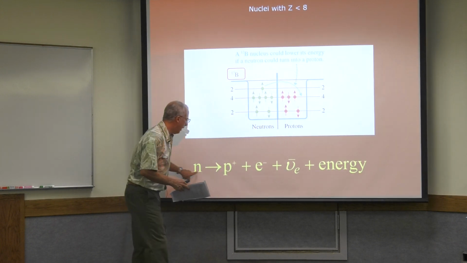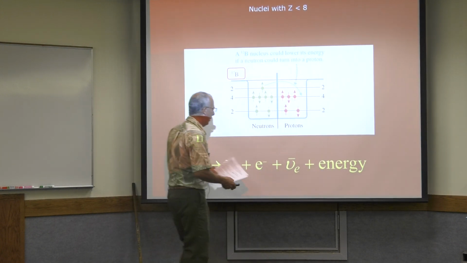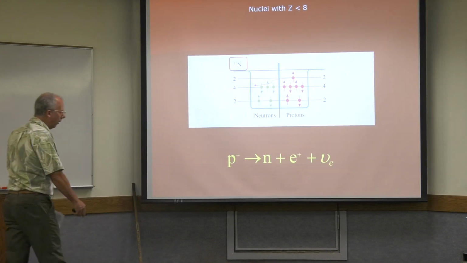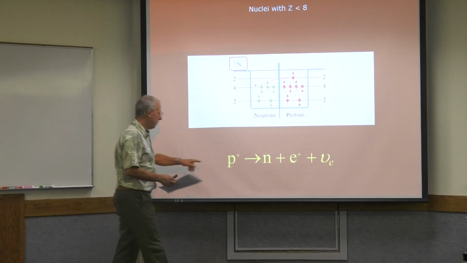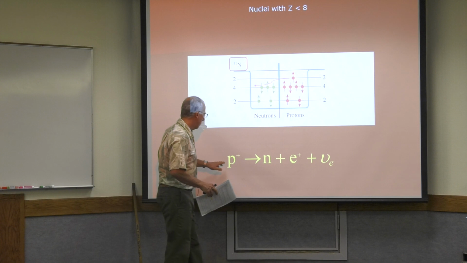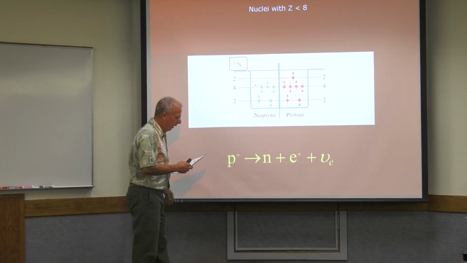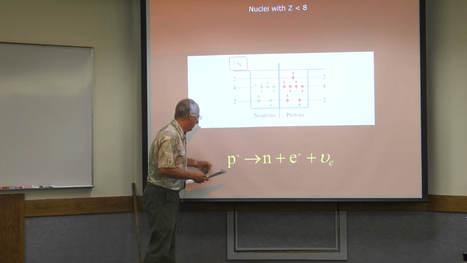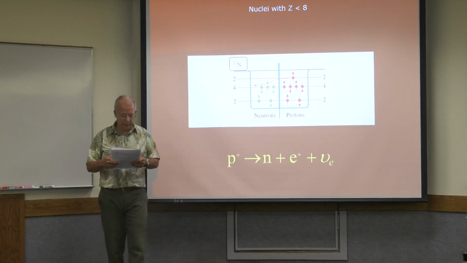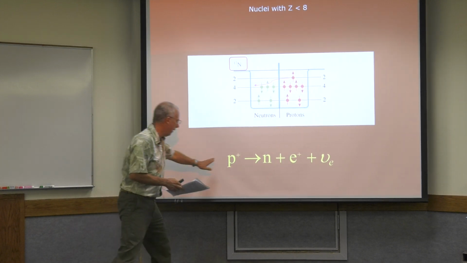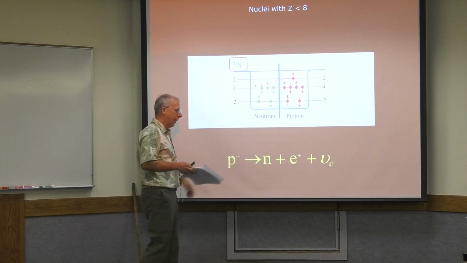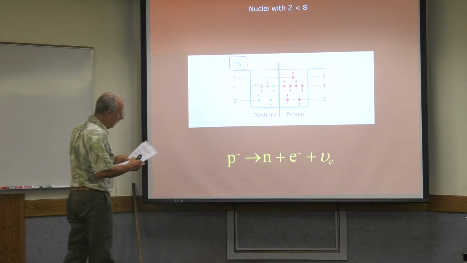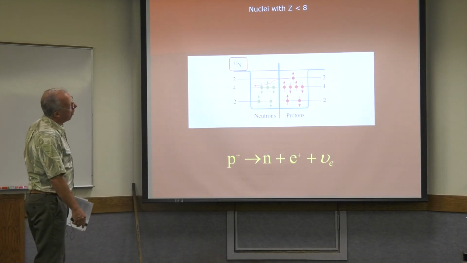So some of this mass becomes energy. But what do we have now? This has less mass than that. So this is only going to occur when this thing somehow gains energy. This has to have extra energy. Anyway, all right, so that's small Z.